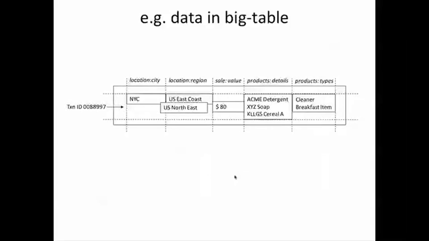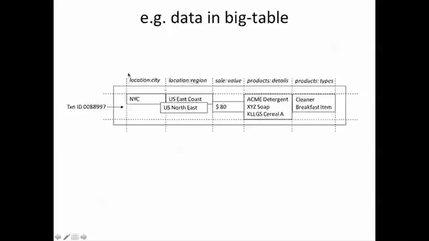Let's take a look at what data in a big table looks like to get a feel for how it works. The row is indexed by some key, for example, the transaction ID if one is storing sales transactions. Different column families can have multiple columns within them.